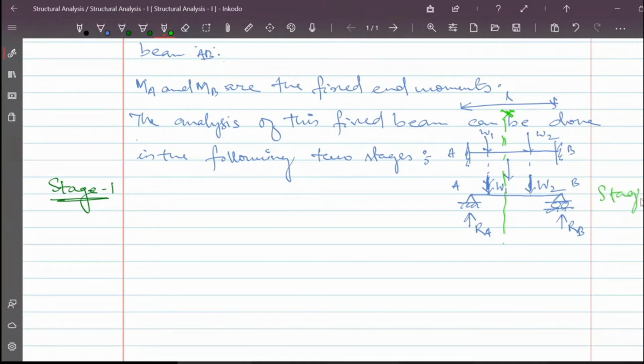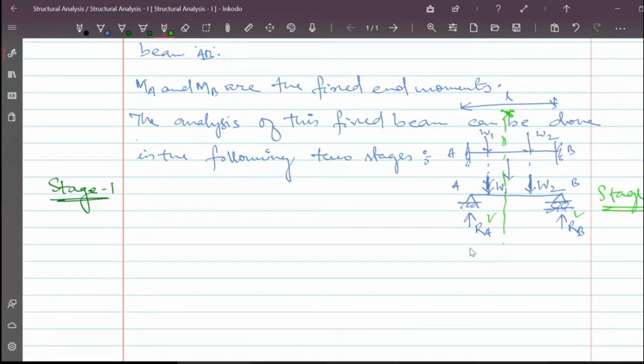Okay, I'm talking about this is stage 1. So it will consist of a simply supported beam with having these two reactions RA, RB.